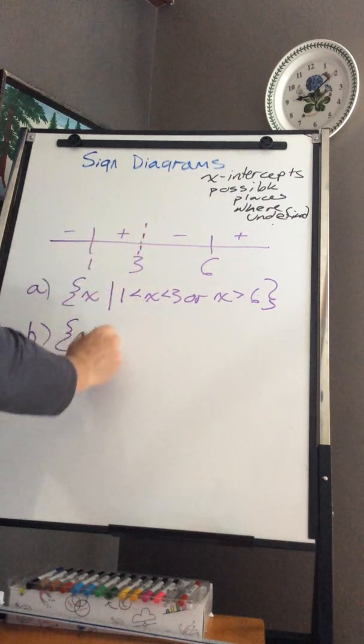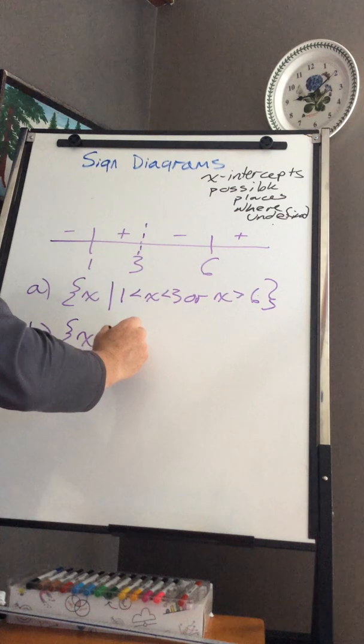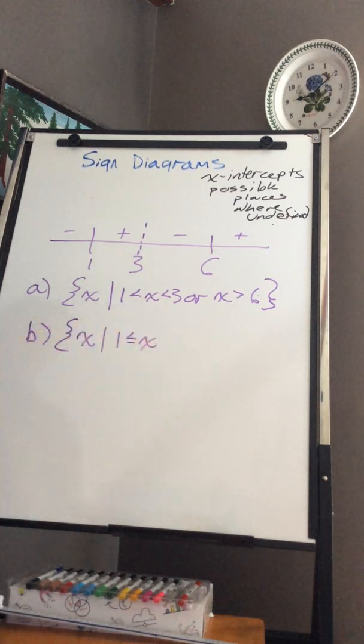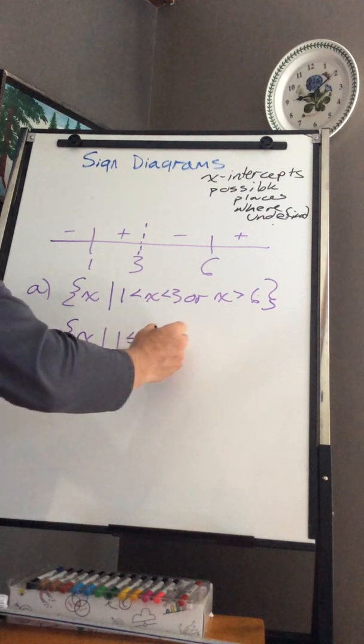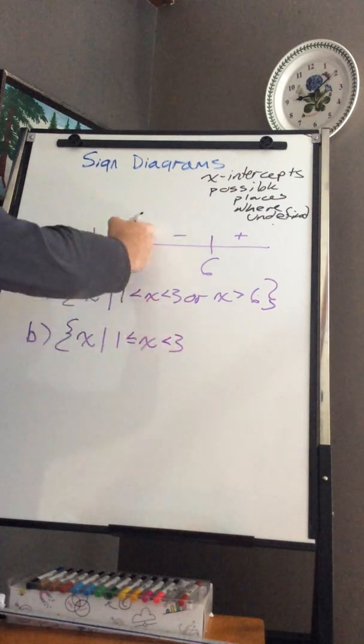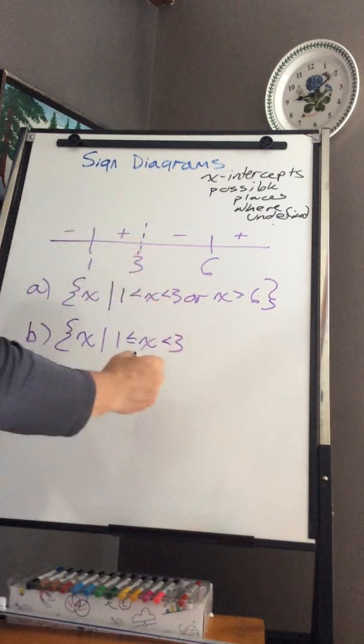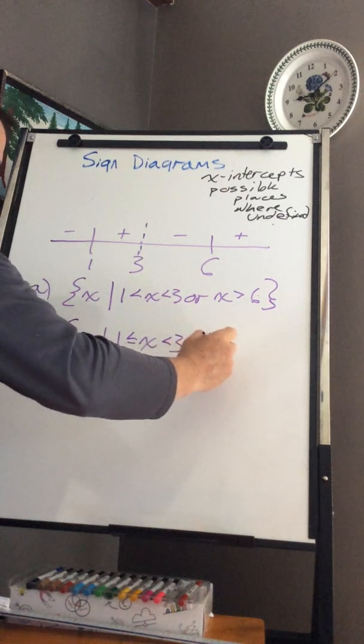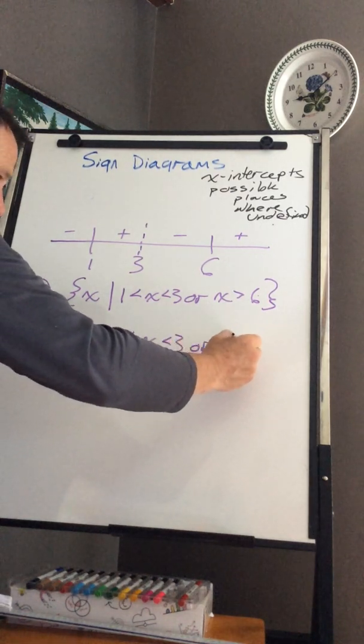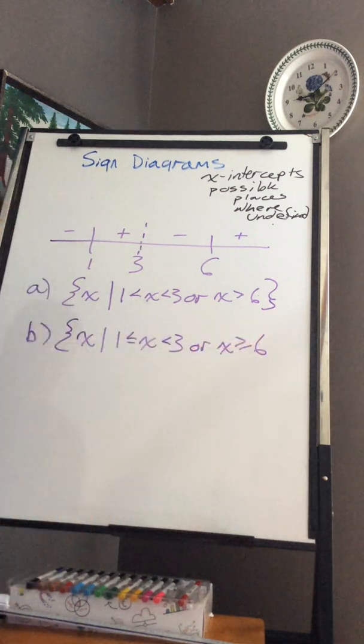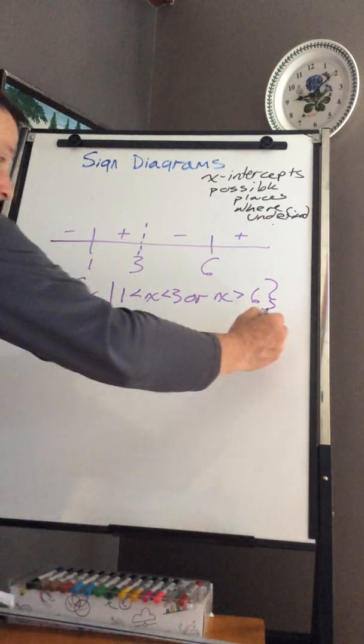So we're talking about x again. 1 less than or equal to x, because this question's asking greater than or equal to 0. Less than 3. It can't equal 3 because it's undefined at 3. Or x greater than or equal to 6. Solid line, so we include it.